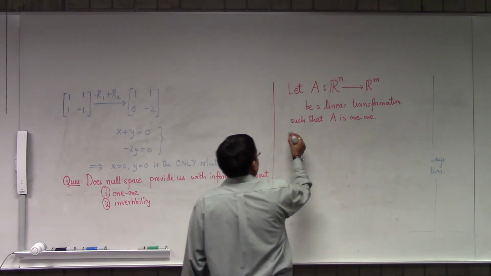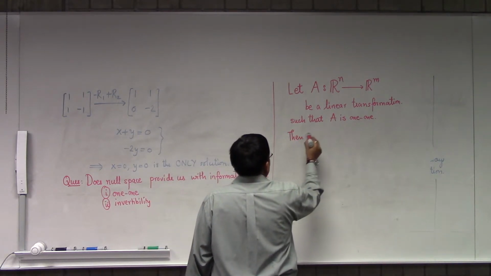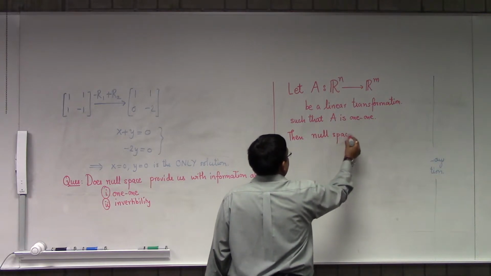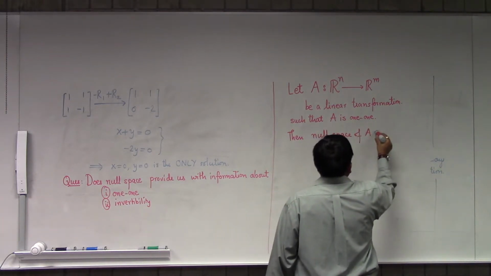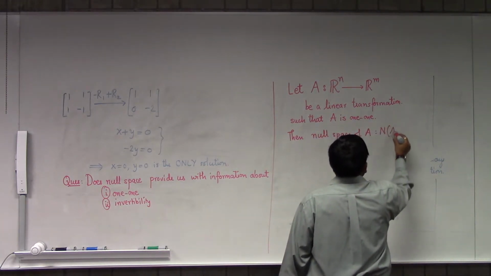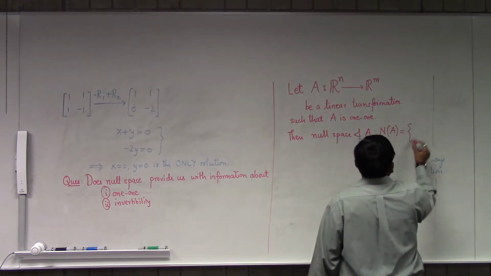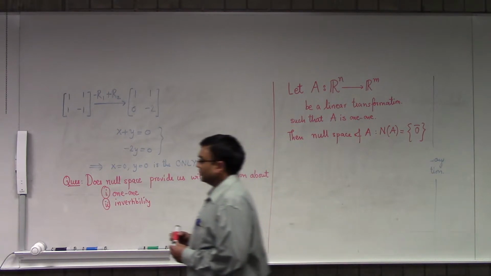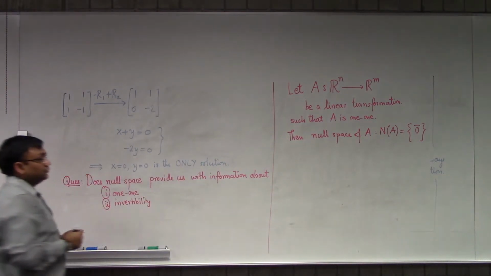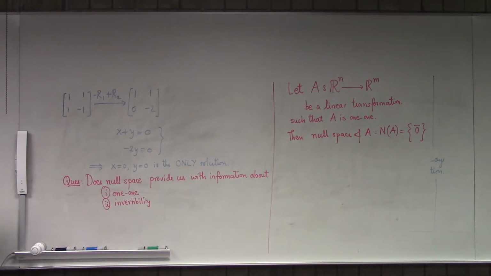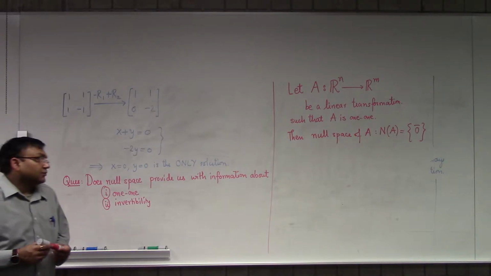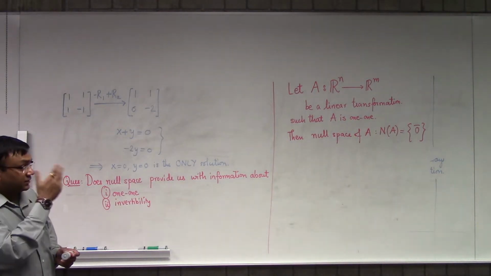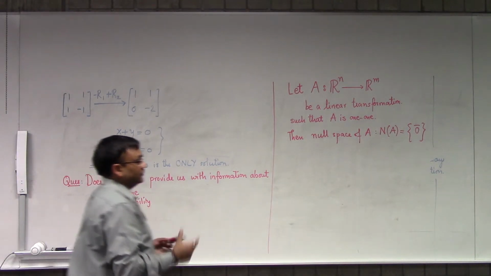Then the null space of A, which we call the null space N of A, can only have the 0 vector. This is an obvious consequence because if the function is 1 to 1, we already know 0 maps to 0, so there is nothing else that will map to 0.